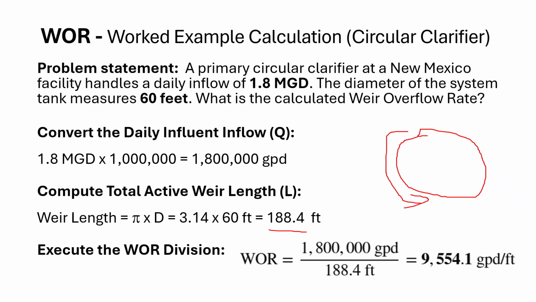Okay, so we then look at the division for our weir overflow rate, or WOR. That's this flow, 1,800,000 gallons per day, divided by the weir length, or that circumference of the circle, 188.4 feet. We do that, and our weir overflow rate is 9,554.1 gallons per day per foot of weir.